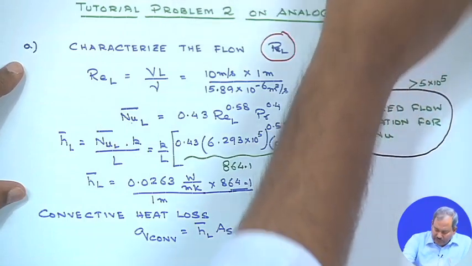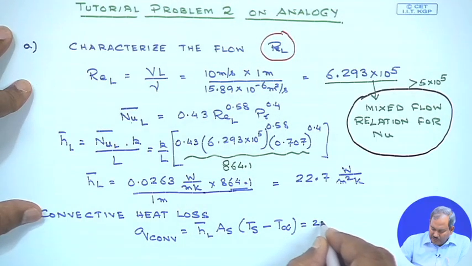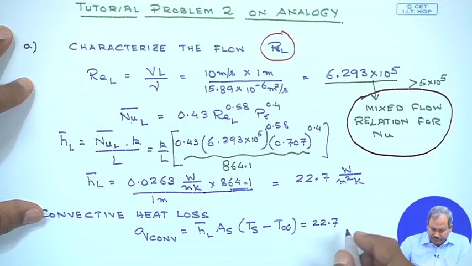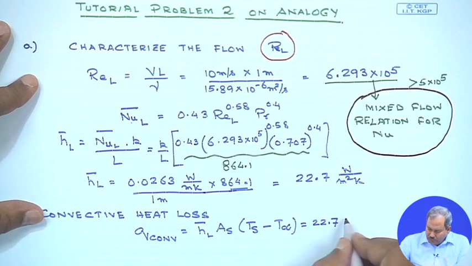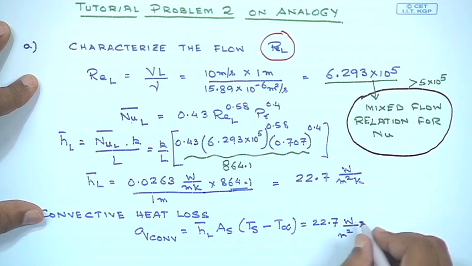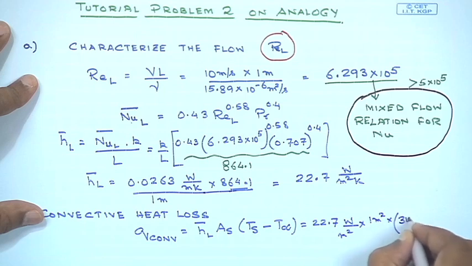So, when you put the values in here, this is going to be 22.7 watt per meter square Kelvin, area is equal to 1 meter square and the temperature difference is going to be 310 minus 290 Kelvin.